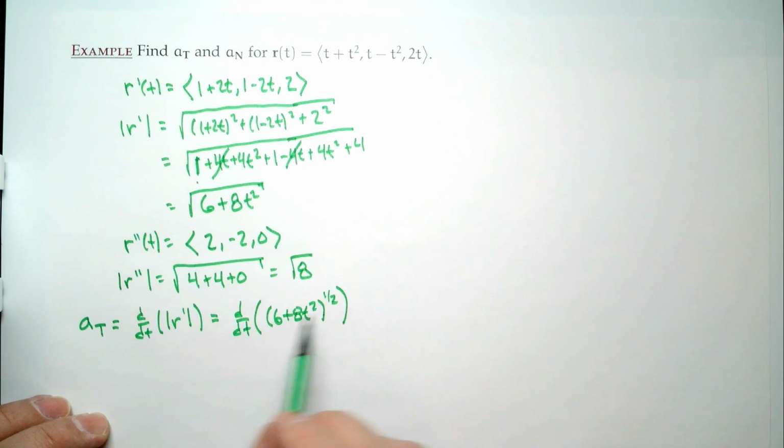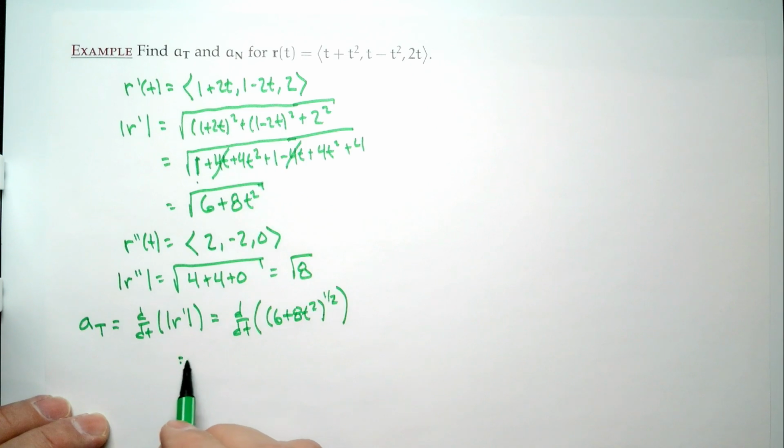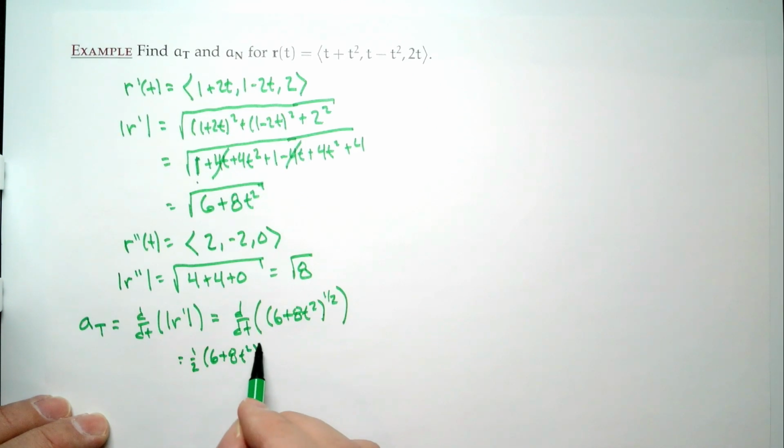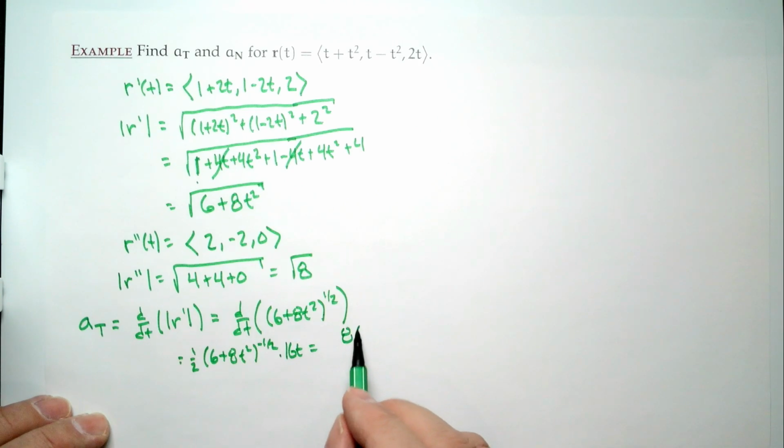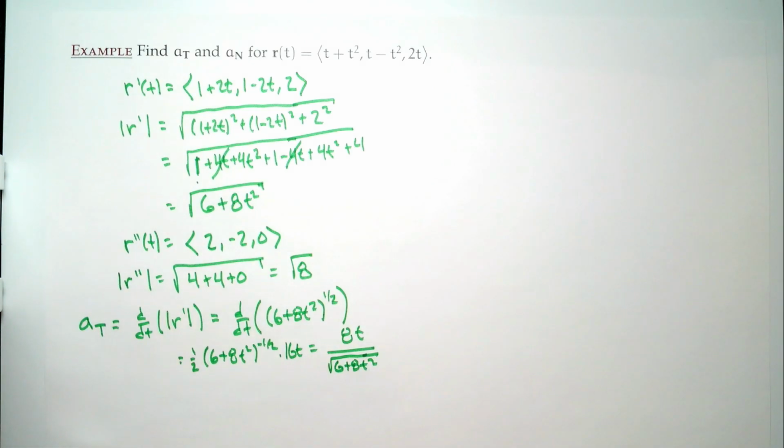So, chain rule, that's going to be 1/2 times 6 plus 8t squared to the minus 1/2 times the derivative of the inside, 16t, which 1/2 times 16t makes 8t in the numerator. And then downstairs we're going to get the square root of 6 plus 8t squared. Okay, so that's a sub t.